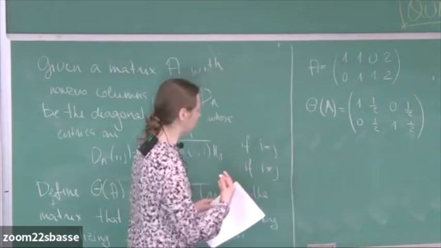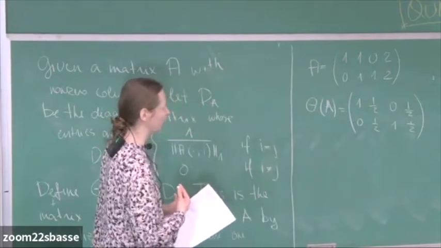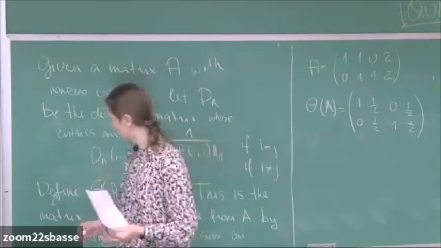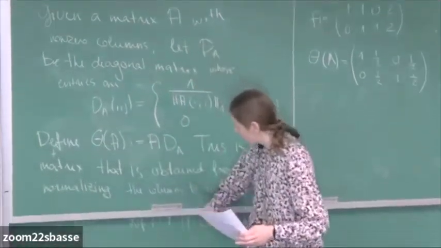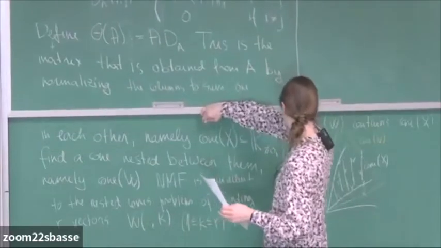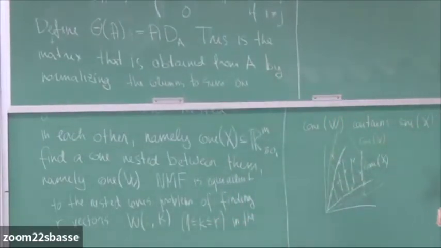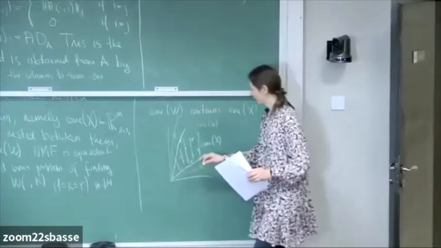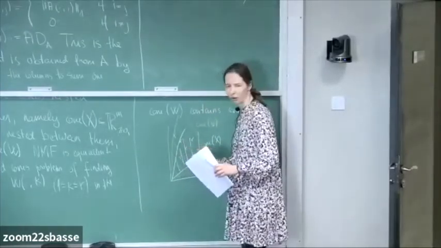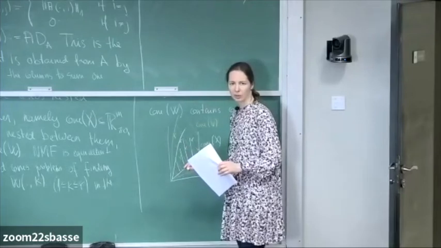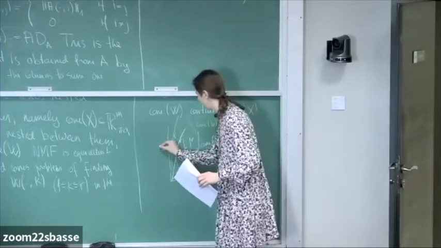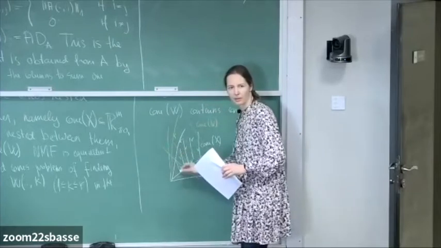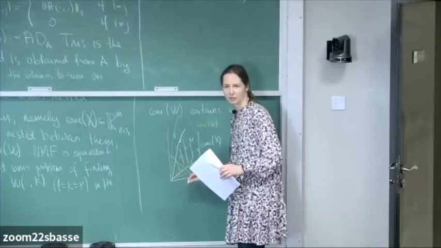And an intuition for what we are doing. We had this cone before, and luckily I have the drawing. Remember these points were the columns of X. Basically we are scaling the columns of X so that they all lie on this line segment.